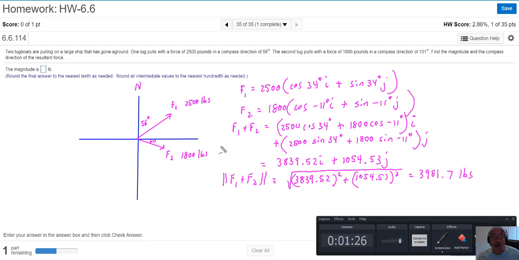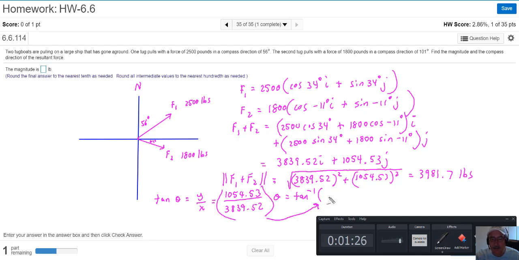Now we'll get the direction angle next by taking the tangent of theta and setting that equal to y over x, which is 1054.53 divided by 3839.52. Theta is going to be the inverse tangent of this.